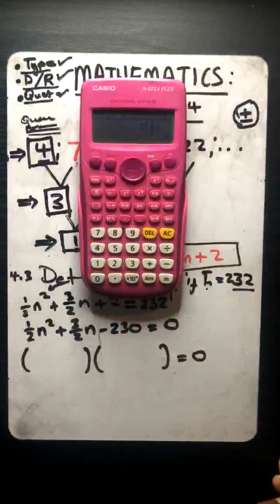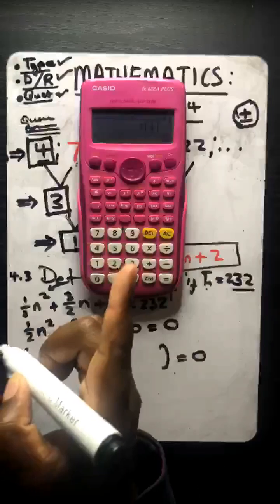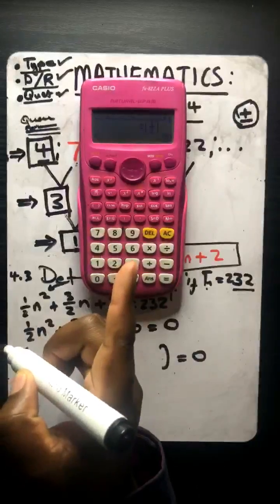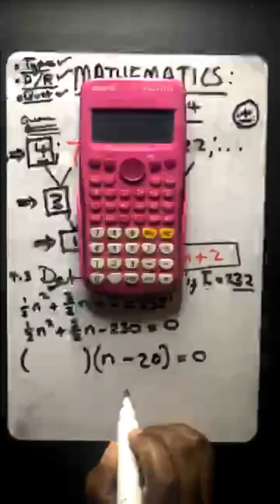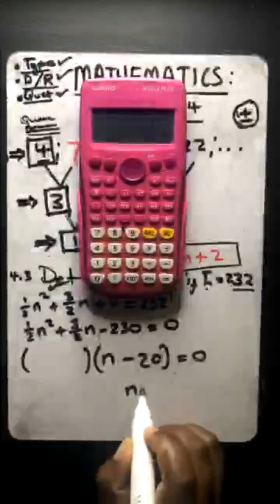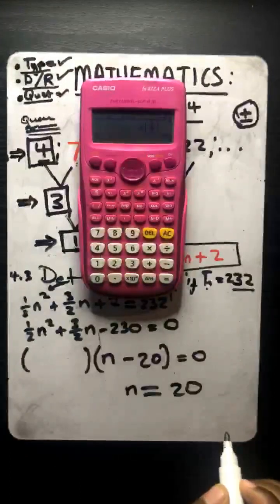Can you see? You are still getting the same value that we got yesterday, being 20. So you can just say n, because on the calculator it is positive 20. Inside the brackets, you write it as negative 20, then you know that finally your n is equal to positive 20.